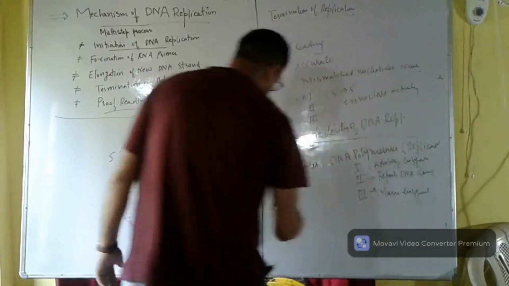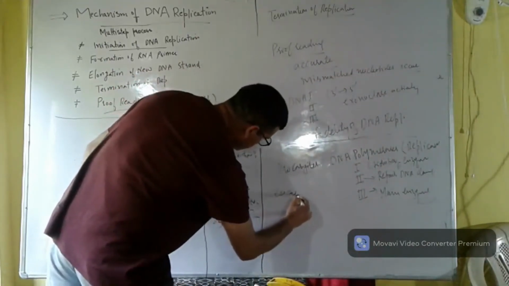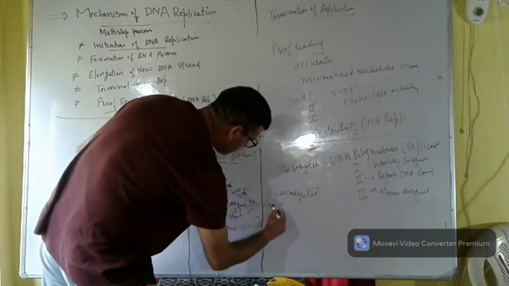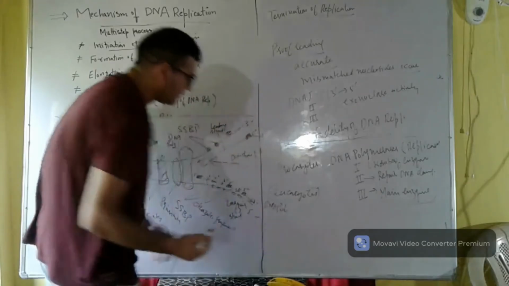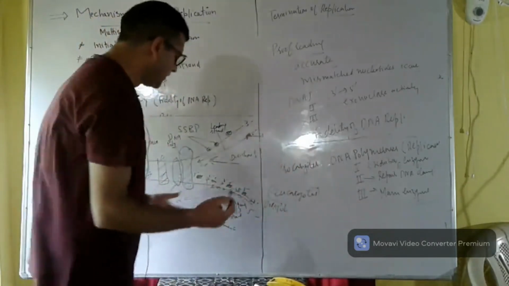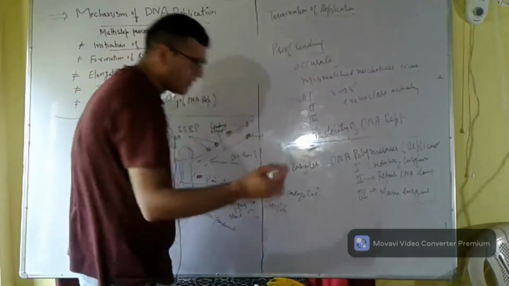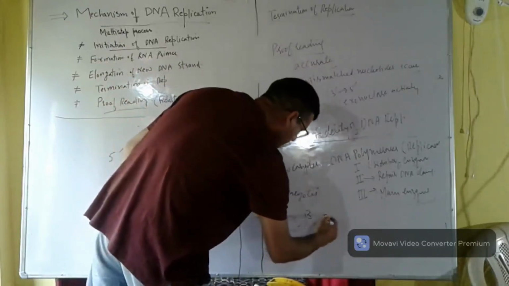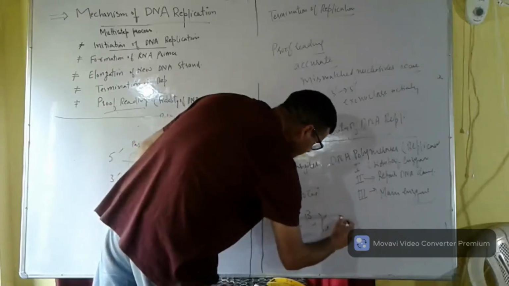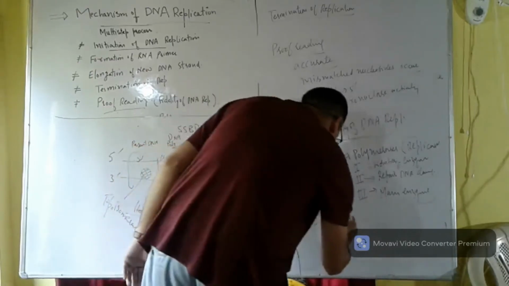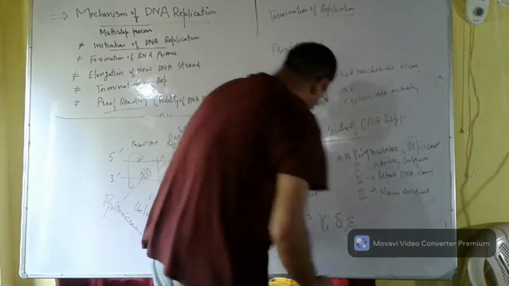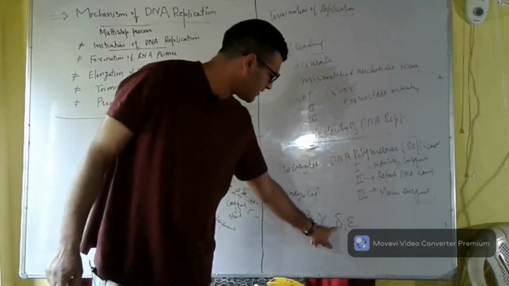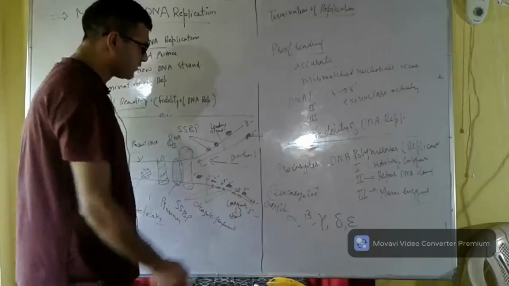In the case of eukaryotes, we have DNA polymerases, which are also called DNA replicases, and there are 5 types of DNA polymerase: alpha, beta, gamma, delta, and epsilon.